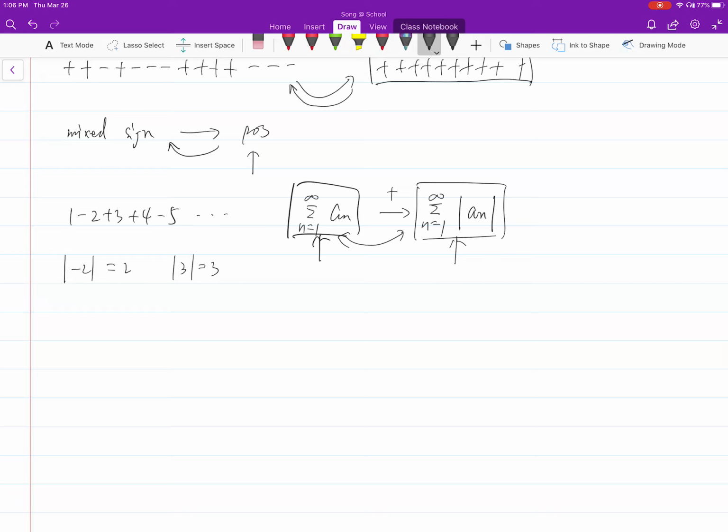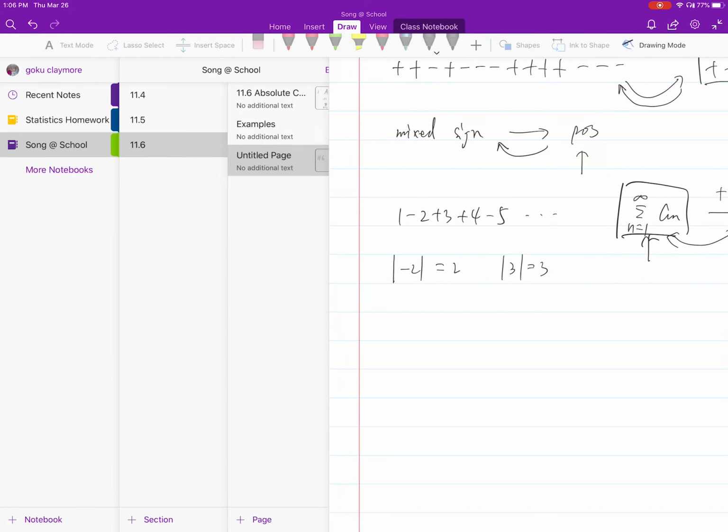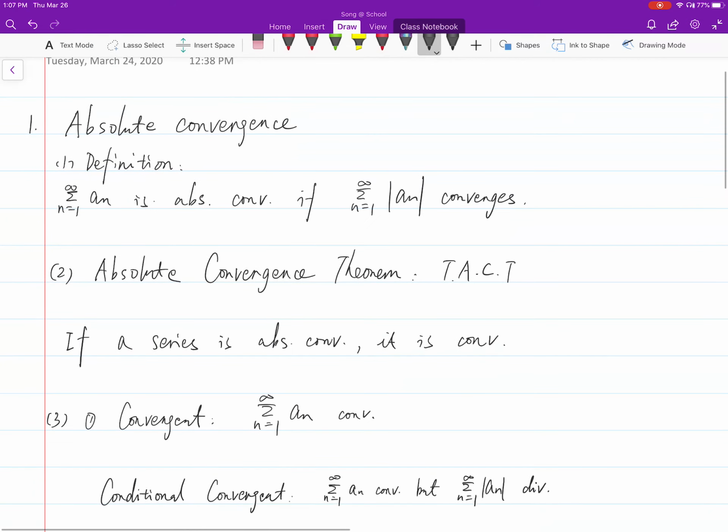Okay, this is called the absolute convergence. That's what we're trying to establish with this. Okay, so let's take a note and try to see what we mean by this absolute convergence. Okay, number one, it's a definition.